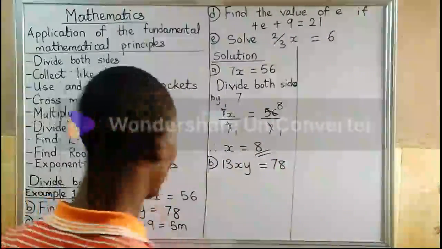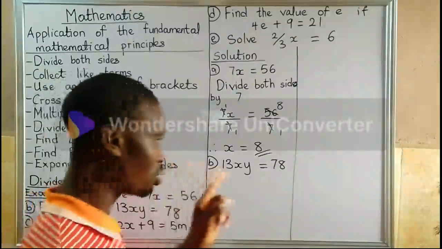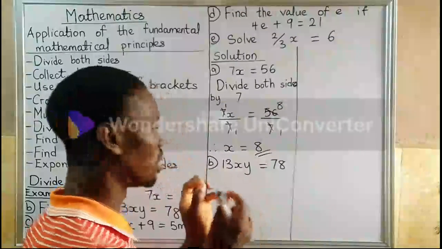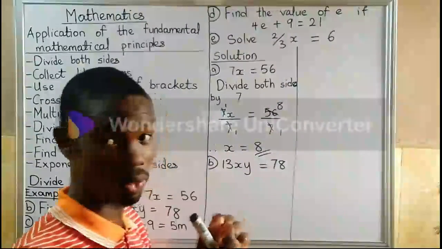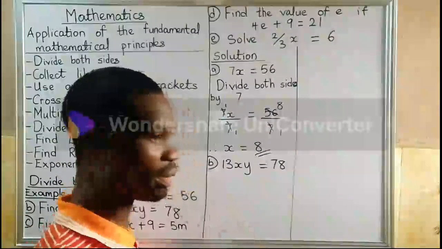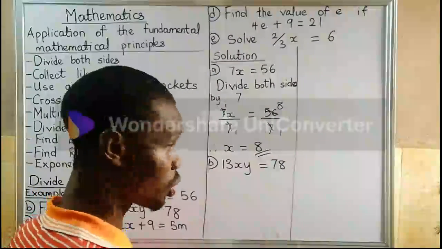So remember, to apply the principle divide both sides, you must ascertain that the term that has the variable you are looking for must be on one side of the equation and every other term must be on the other side of the equation. Okay, so in this case, that is also satisfied.